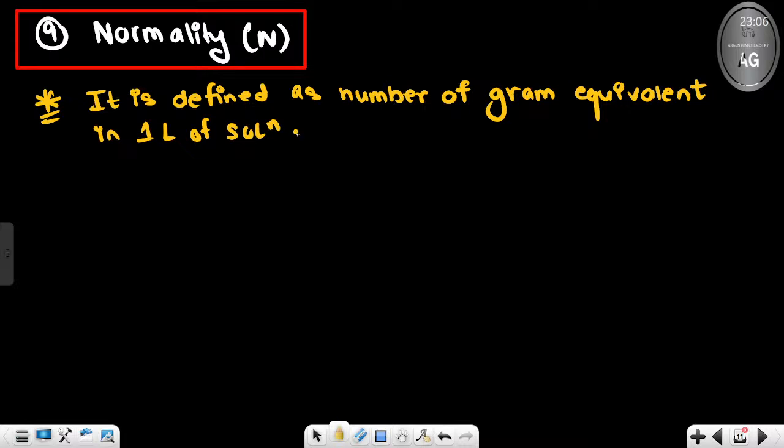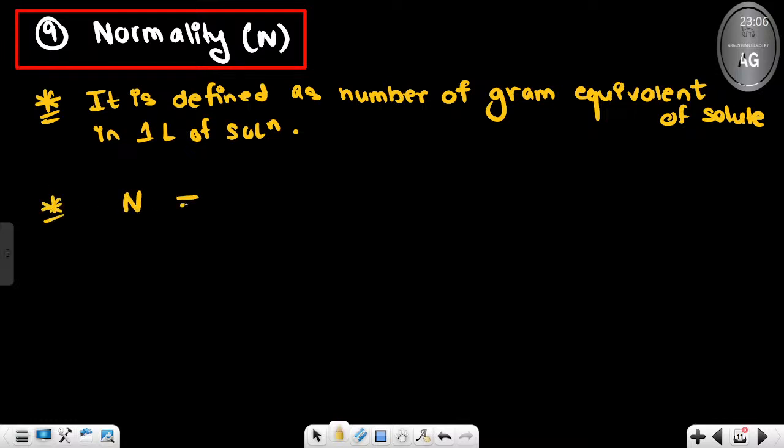So in 1 liter, how many gram equivalents of the solute are present? Clear? Easy definition? Right. Next formula.